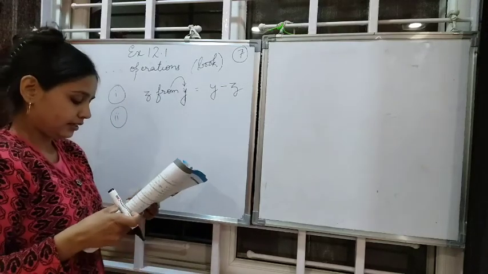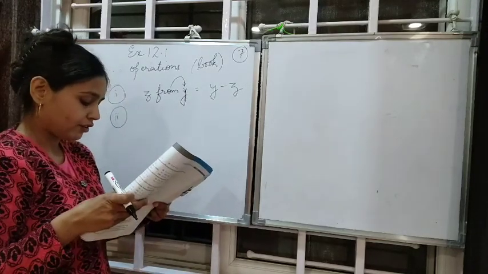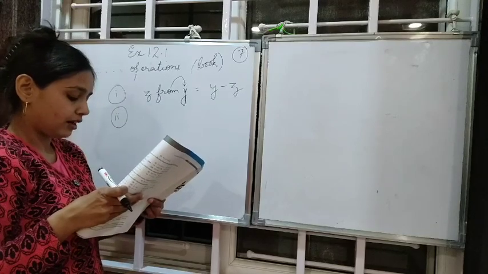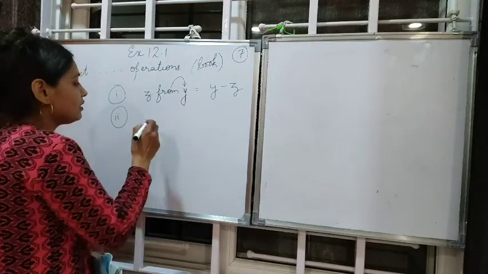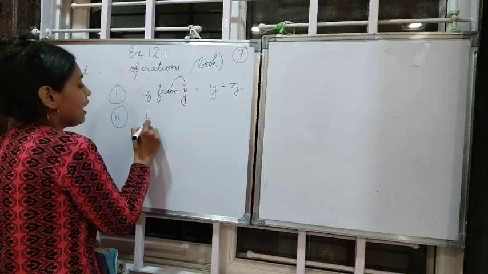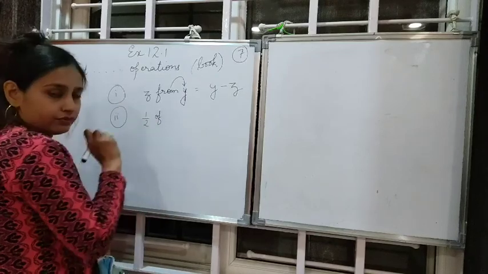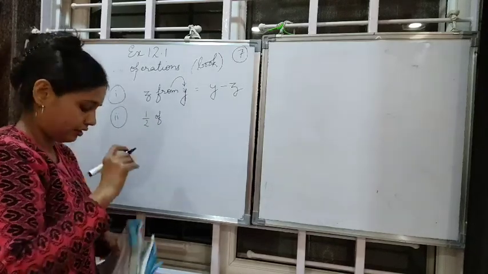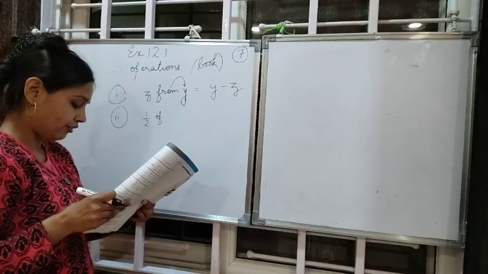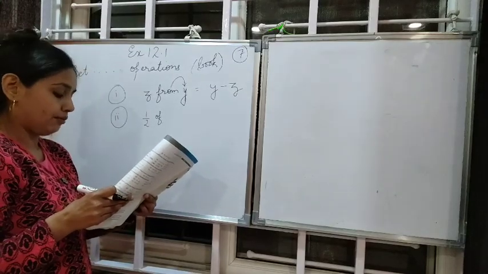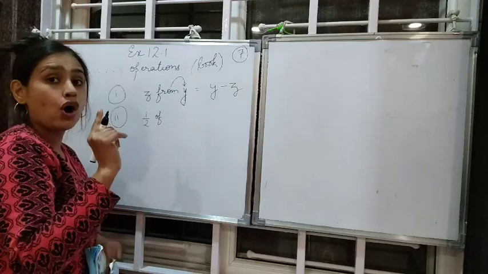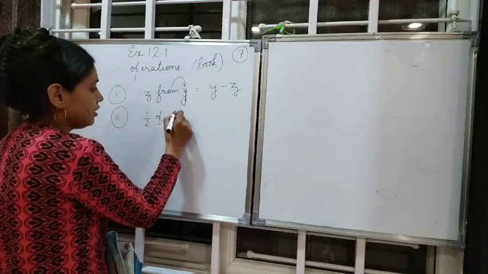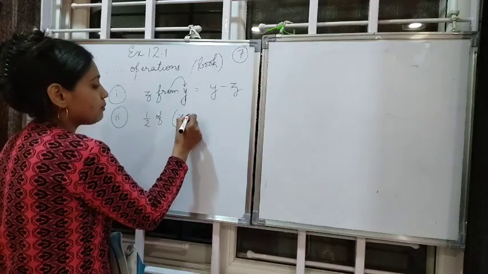Okay, then 1/2 of the sum of the numbers x and y. So 1/2 of means multiplication. 1/2 of the sum of numbers x plus y. So of the sum means plus.